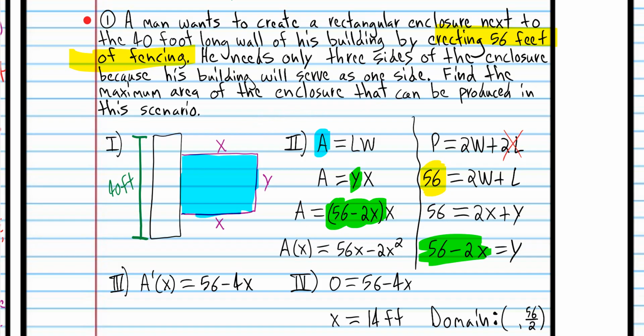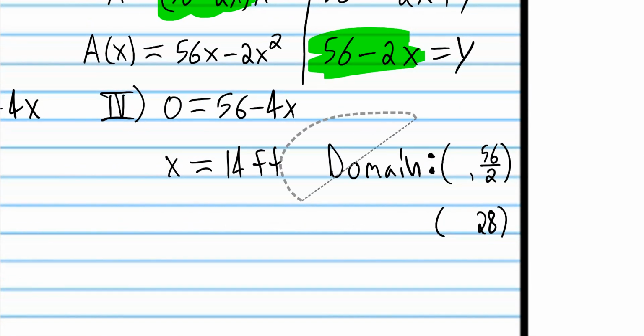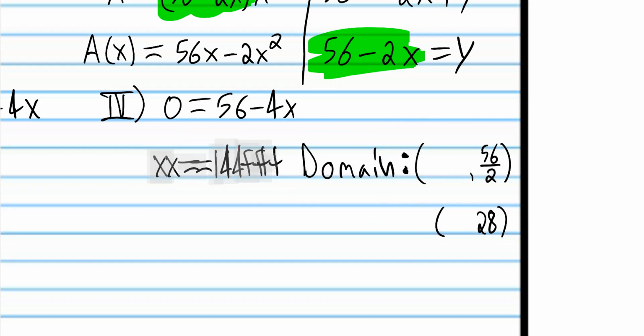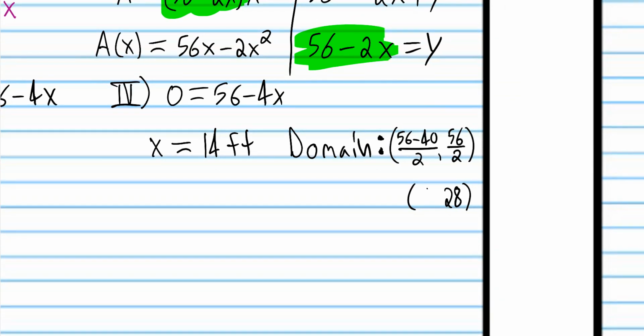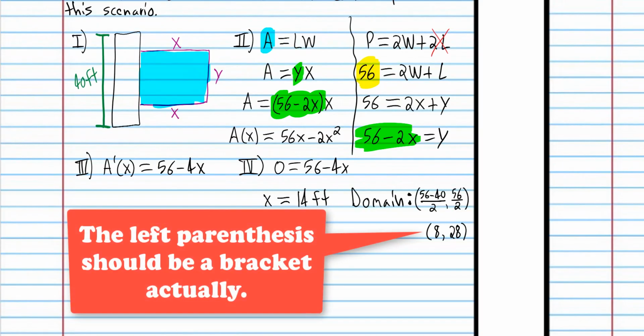So that's going to be 56 minus 40, divided by 2. I know that's pretty complicated stuff, but these problems are intimidating. That's going to be 8. So the smallest value of x is actually 8, and the biggest value is 28.